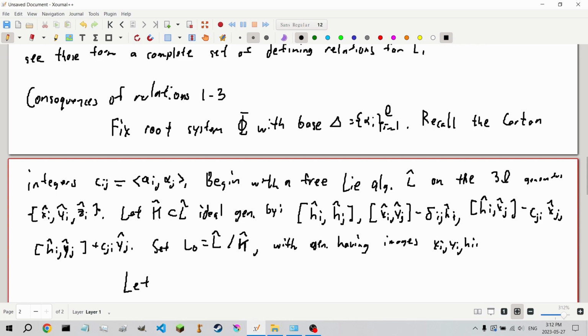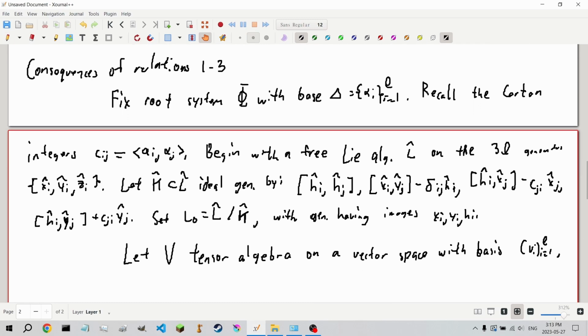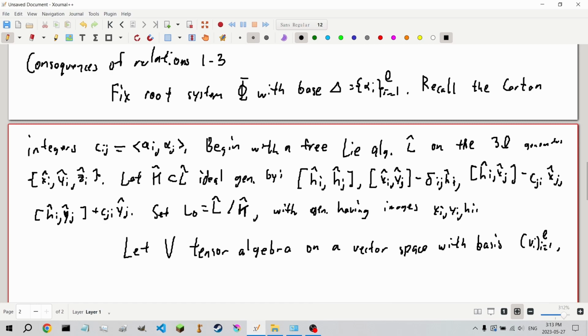Let V be the tensor algebra, also known as the free associative algebra, on a vector space with a basis of v_i from 1 to l, and then make it a module.